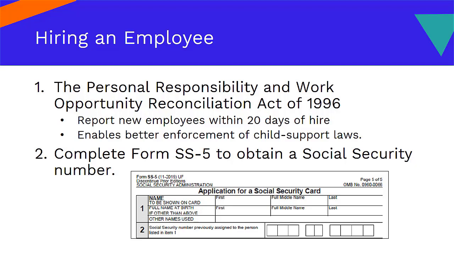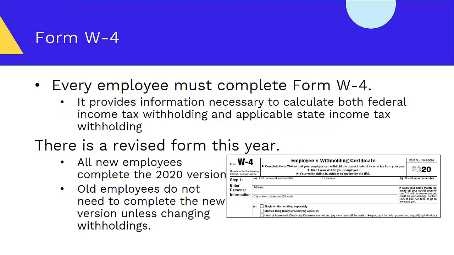In the previous slide, we talked about Form SS4, which is to obtain an Employer Identification Number. SS5 is to obtain the Social Security number of the individual.